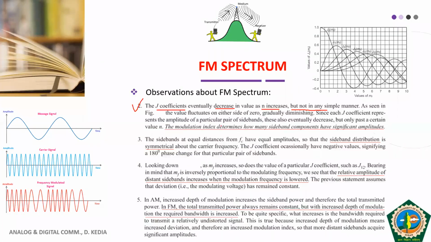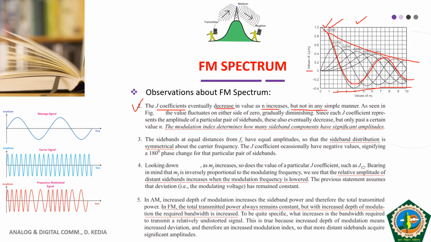In this slide, if you look at the top right corner, there is a figure which shows the values of these various Bessel coefficients. J0 is your first Bessel coefficient, which is dedicated to the carrier part. The value of this Bessel coefficient varies sinusoidally, and the peak of the various sinusoids is decreasing. Here J0 started from 1 and then decreases like this.